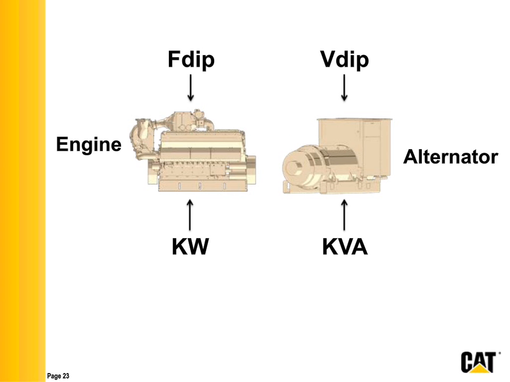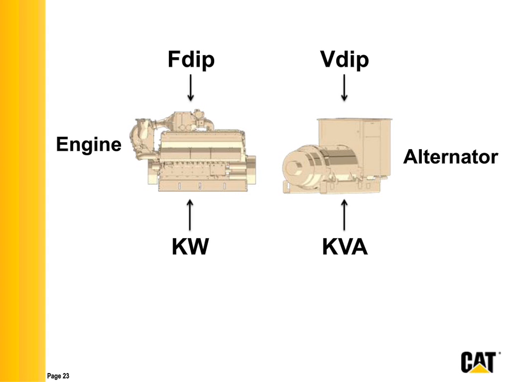Okay, now we're going to talk a little bit about really what's going on behind the scenes when you're sizing your loads. You're really looking at mostly only two components of the generator set when you're sizing a genset for an application. You're looking at your engine and you're looking at your alternator. And the way I look at this is that anything kW related is synonymous with your engine, and anything kVA related is synonymous with your alternator.